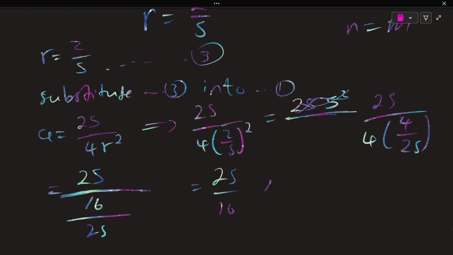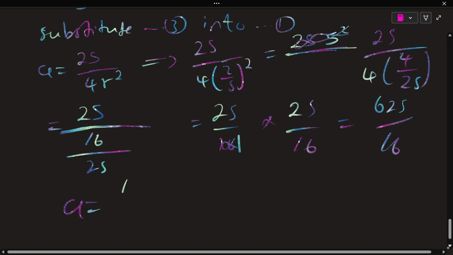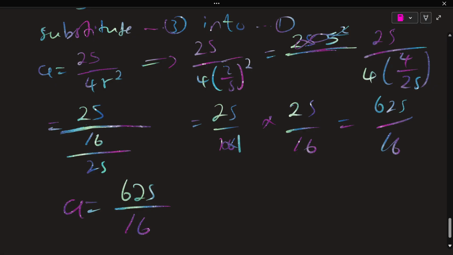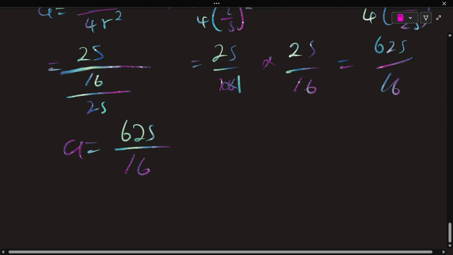This division is for the whole thing. Now we have 25 over 16 multiplied by 25, that is 25 divided by 1 multiplied by 25 over 16. Then we have 625 over 16. Then our a equals 625 over 16.